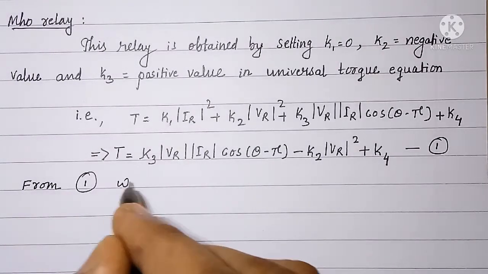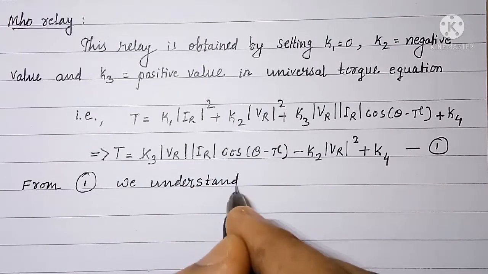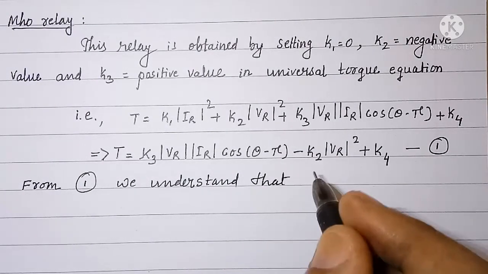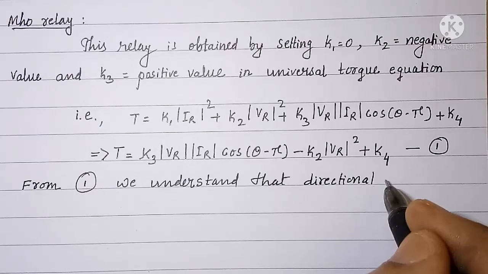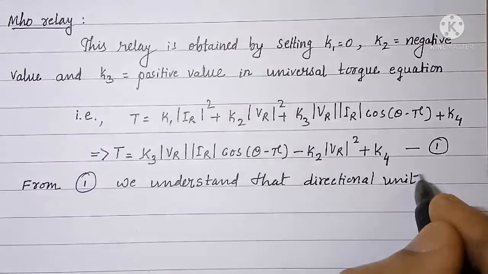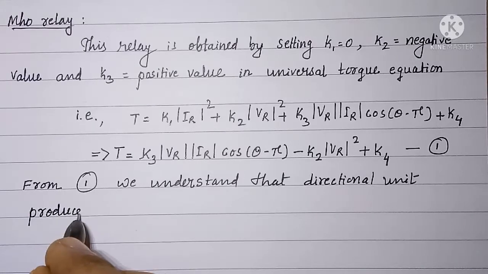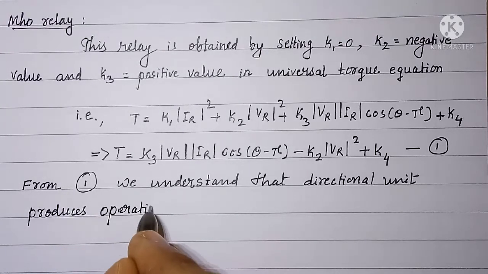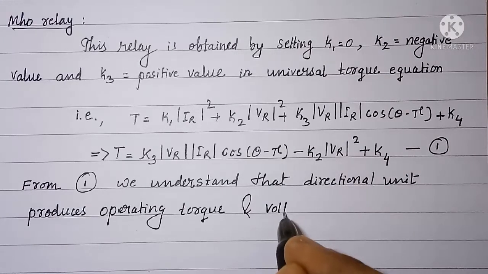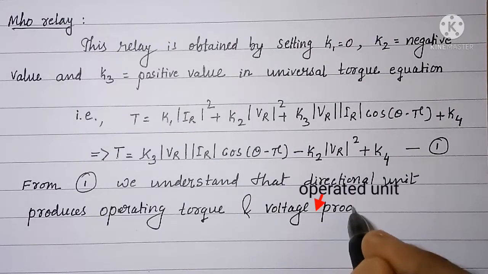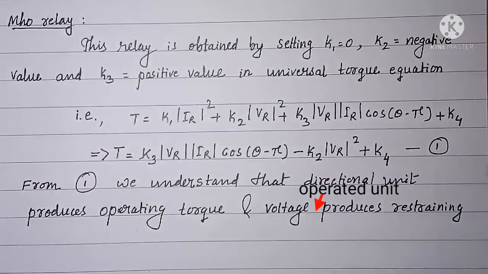From 1, we understand that directional unit produces operating torque and voltage operated unit produces restraining torque.